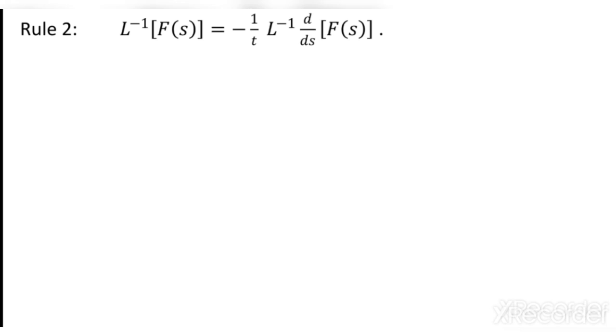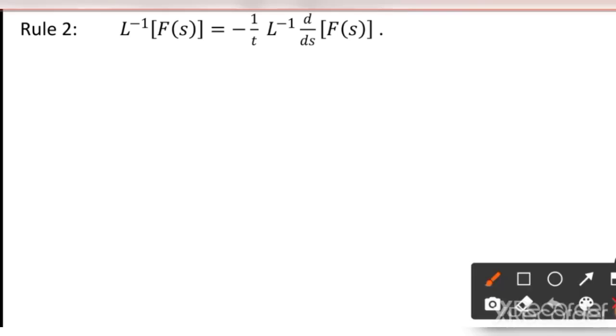For example, if I have a logarithmic function or inverse trigonometric function, where we cannot get L inverse directly. So in such cases, if I have f of s, I can first differentiate once and then apply L inverse, because once you differentiate log, suppose it is log of s minus a, what is the derivative? 1 over s minus a, and obviously for 1 over s minus a I have L inverse. So then I apply L inverse, and multiply by minus 1 by t.